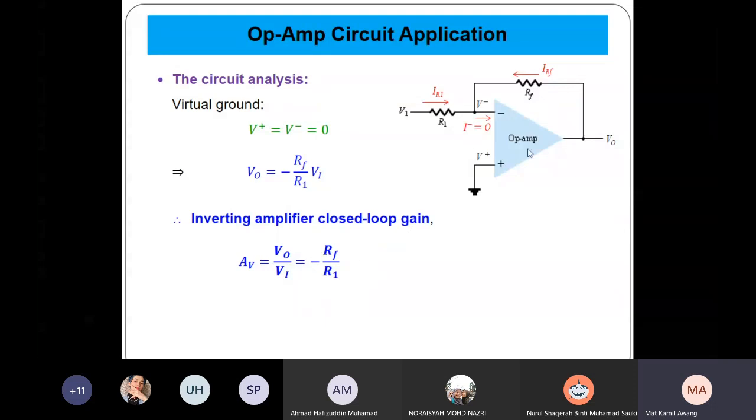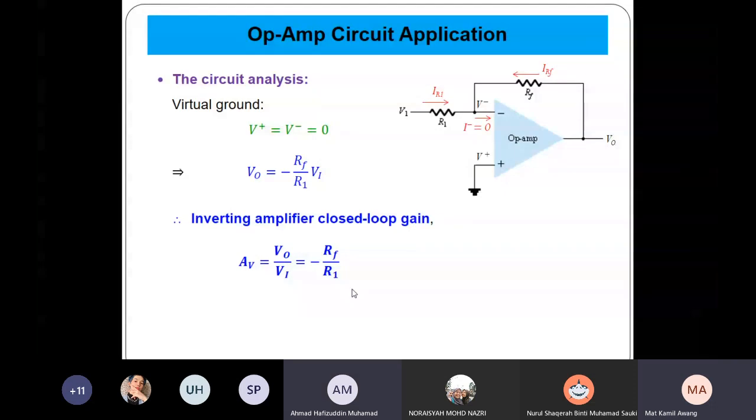Let's say you want this amplifier to increase the input signal by 10. So you select RF equal to 10 kilo ohm and R1 equal to 1 kilo ohm. So you get minus 10.